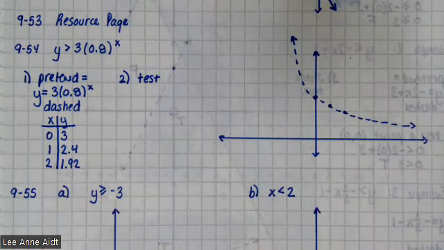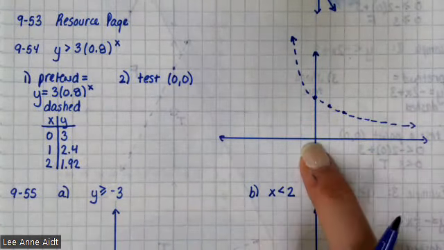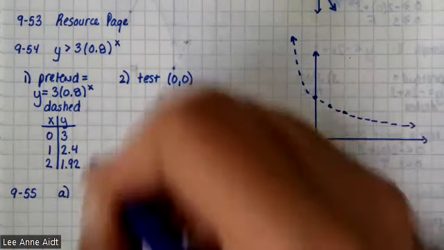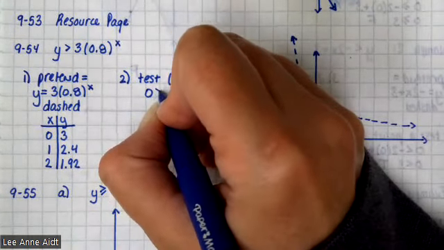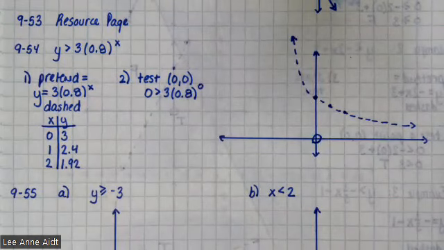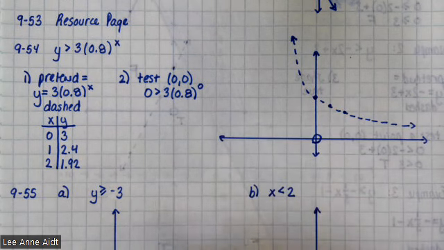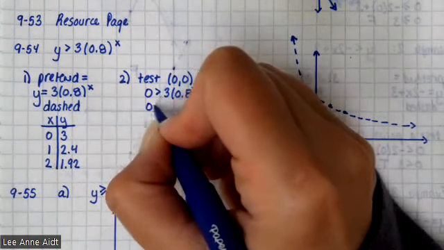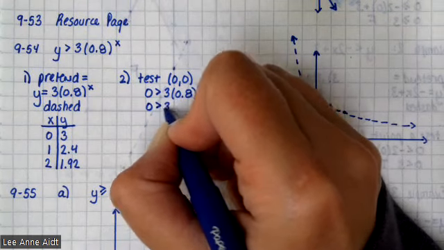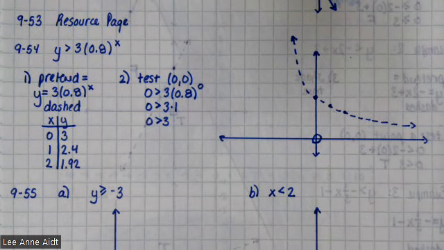Okay, in this problem, is 0, 0 open to test? Yep. It's not on the curve at all. It's completely separate down here. So I'm going to test that. So 0 is greater than 3 times 0.8 to the 0. Okay, you can totally do this on the calculator, but let's not. What's 0.8 to the 0? What's anything to the 0? 1. Anything to the 0 power is 1. So 3 times 1 is 3.